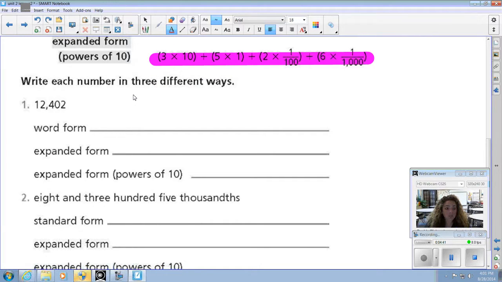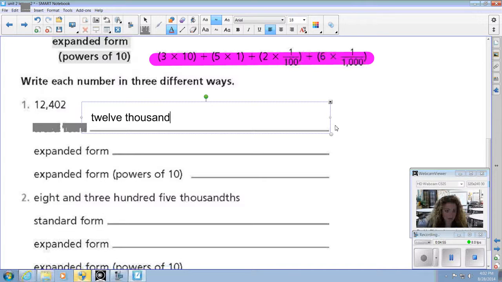We're going to turn this first one into word form. I'm just going to literally type away what I would say if I said it out loud, right? So I've got 12,000, because I say that comma as 1,000, 12,000.